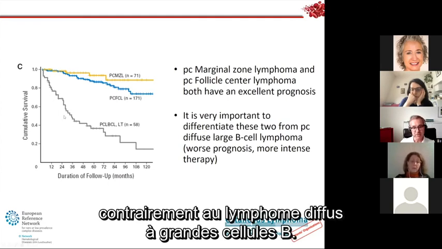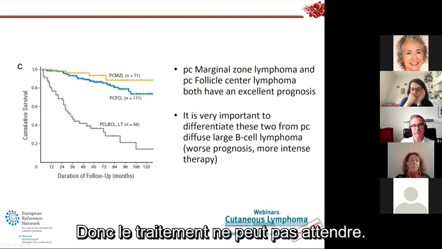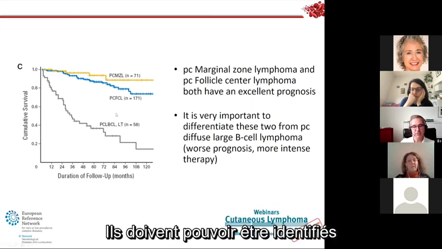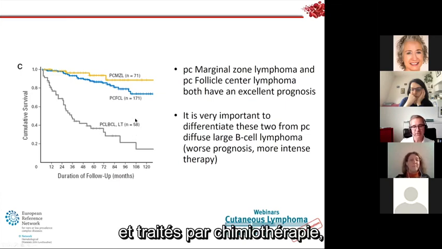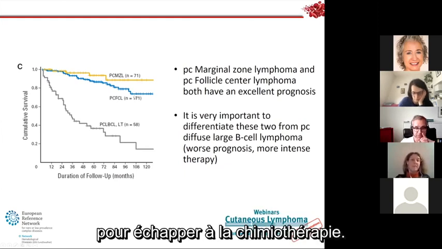Whereas the diffuse large B-cell lymphoma is actually a dangerous lymphoma because 50% of the patients died after 3 years. So there's no time to lose for treatment. We have to make sure that these patients are properly treated. We have to make sure that these patients here can be identified and treated with chemotherapy, whereas these patients here should also be identified, but they should be saved from chemotherapy.